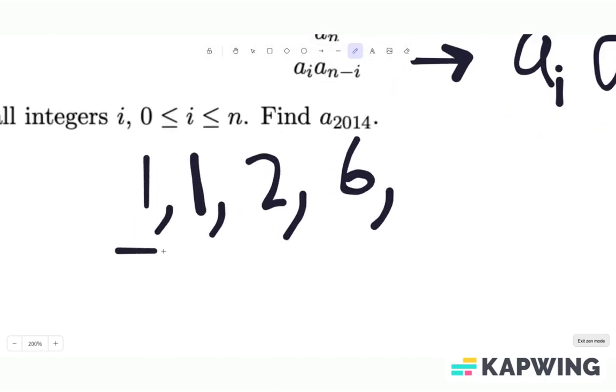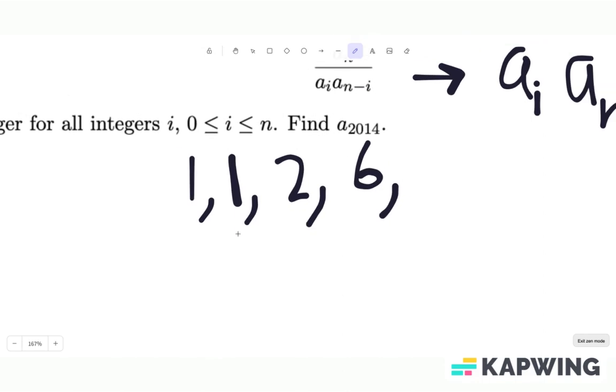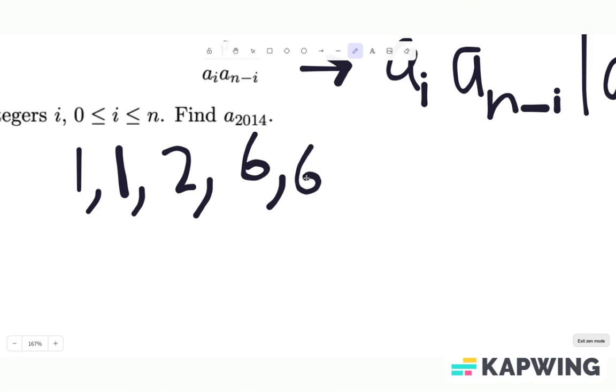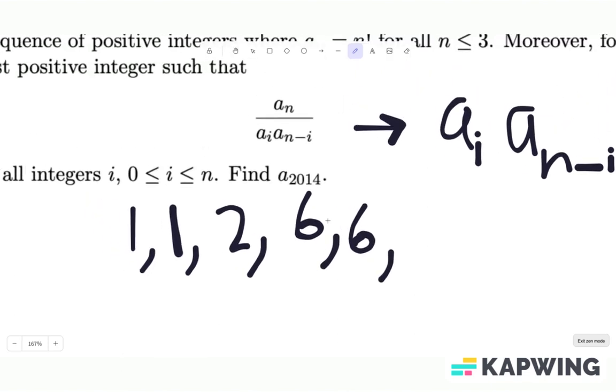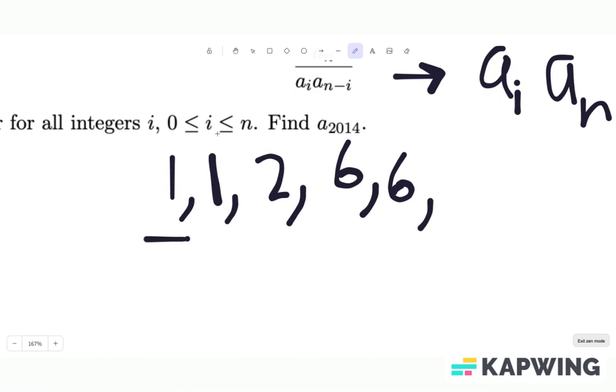Okay, that means for a sub 4, we have a sub 0 times a sub 4, which means it's at least 6. And with 1 and 2, that makes it 6. Now a sub 5: if I equals 0, then we have a sub 0 times a sub 5, so 6 divides a sub 5.